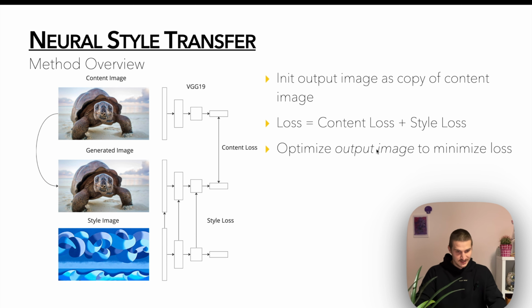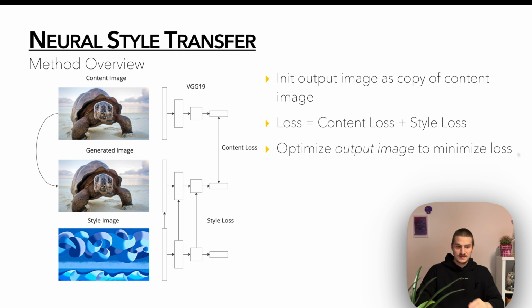And the style loss is the measure of how close the style of this generated image is to the style image provided. And then we'll run the optimization. But instead of updating model parameters, we will update the actual pixel values of the generated image. So we will morph it in some way to get a different image.